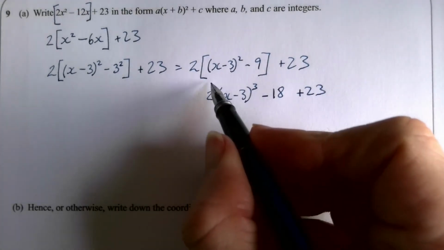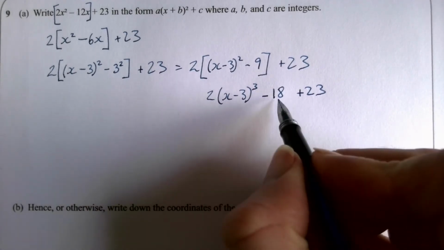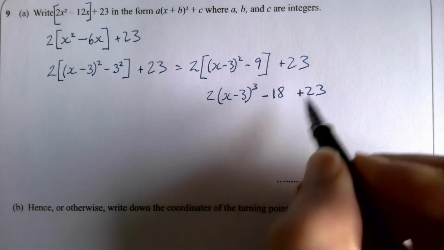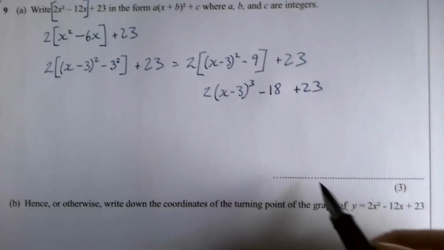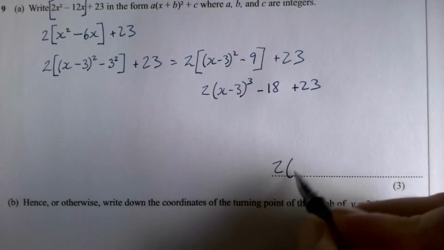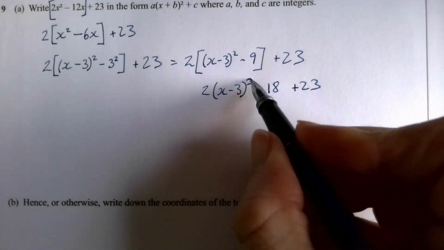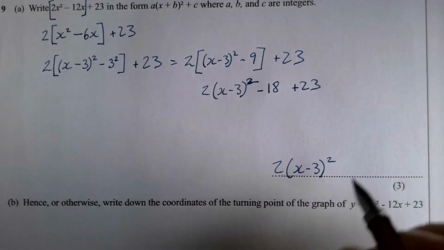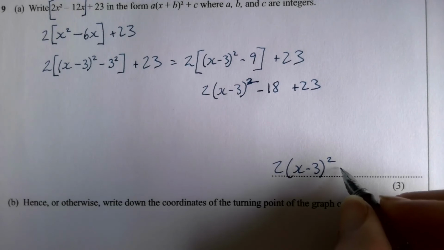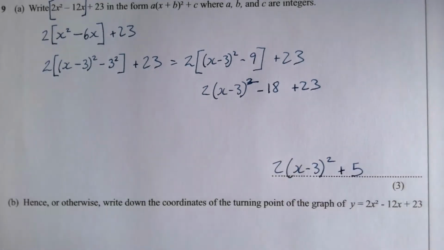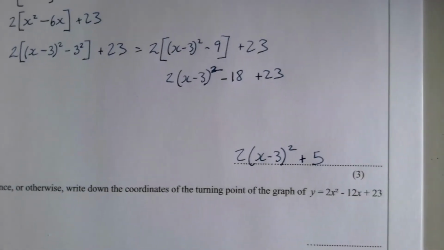Then you've just got to simplify this little bit, which means we've got 2 (x take 3) squared. I don't know why I put cubed up there, that should be squared. 23 take 18 is 5, so that'll be plus 5. And that's our 3 marks on that.